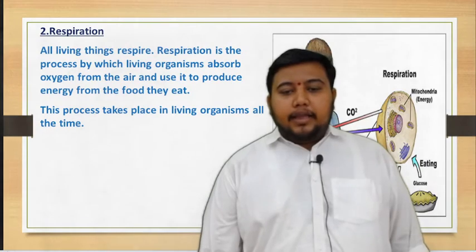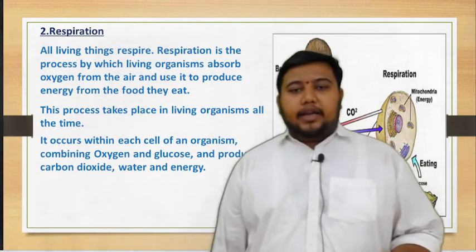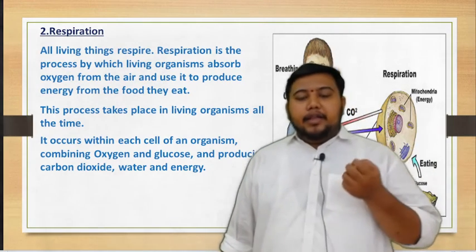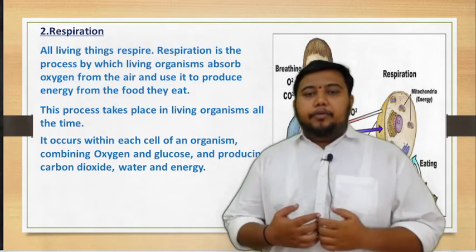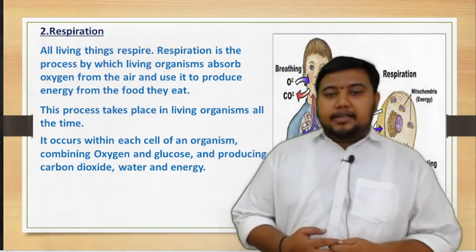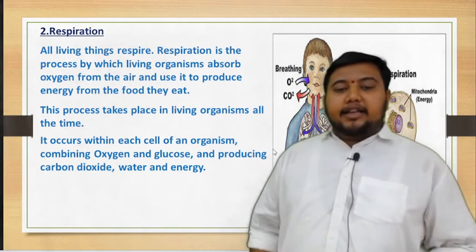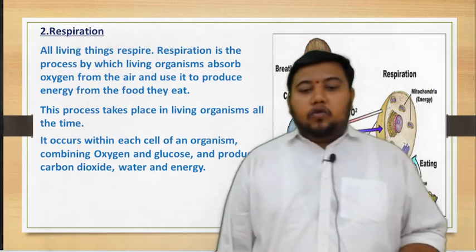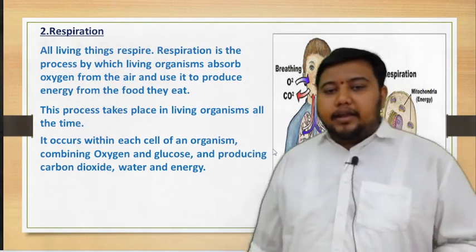Next, it occurs within each cell of an organism. Our human body is made up of millions of cells, and in each cell this respiration process is occurring. By combining oxygen and glucose, we produce carbon dioxide, water and energy.